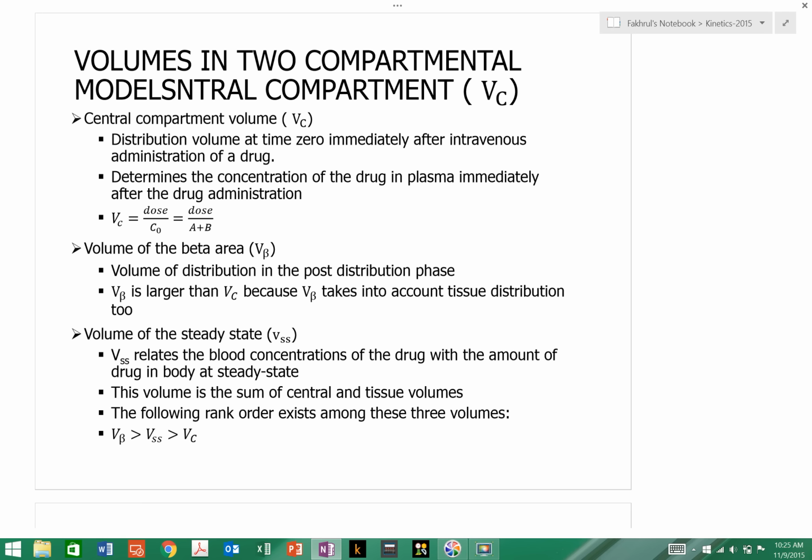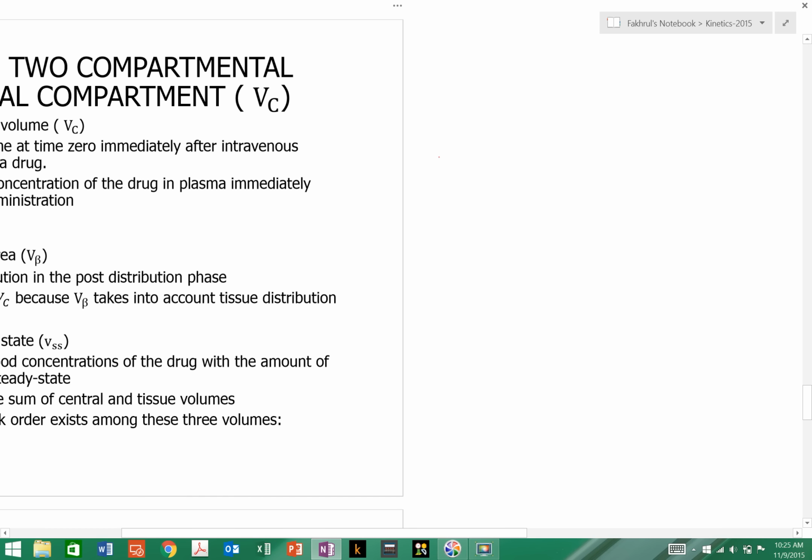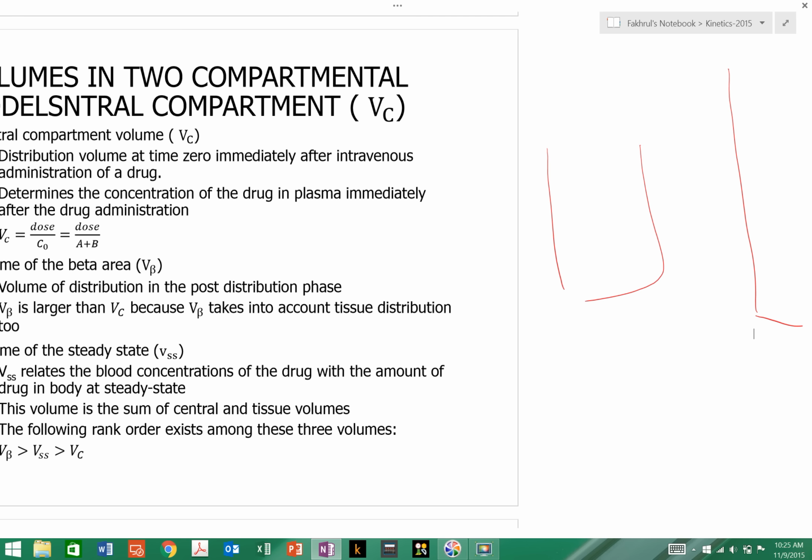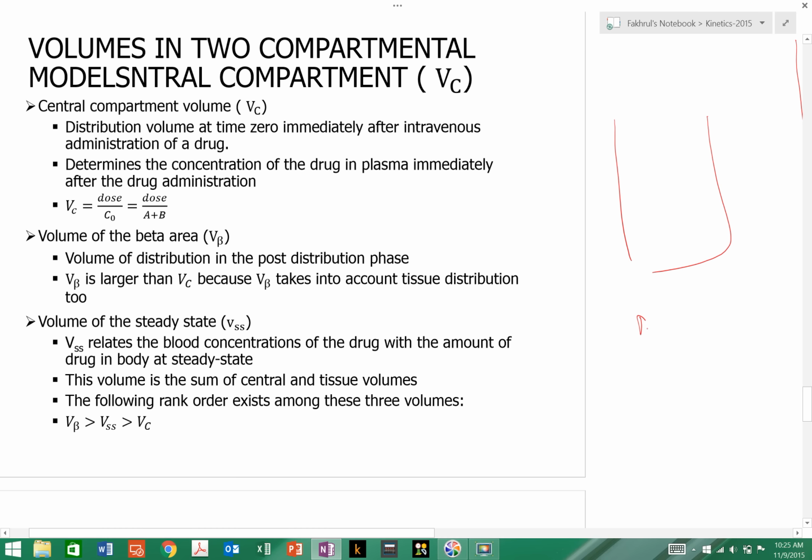I will expand more on this. So this is the volume of the dose divided by A plus B, which is the volume of the central compartment, and the volume of distribution in the post-distribution phase.